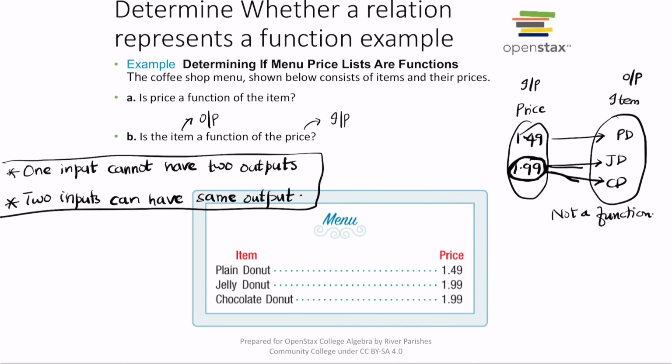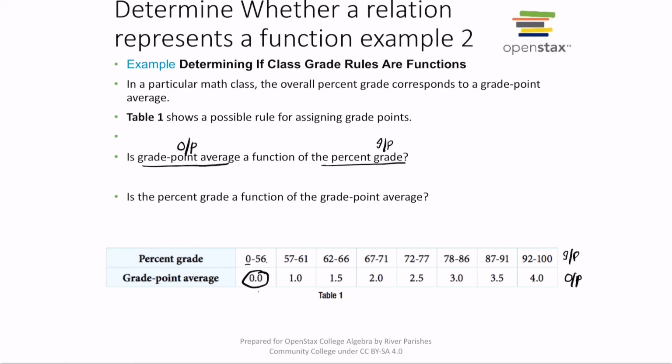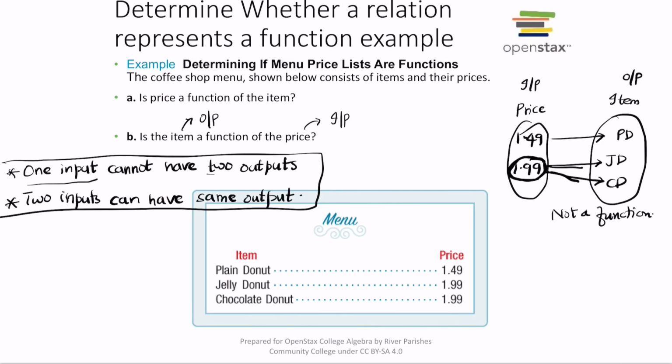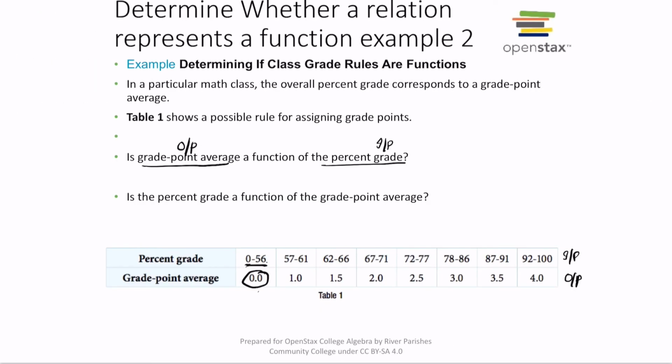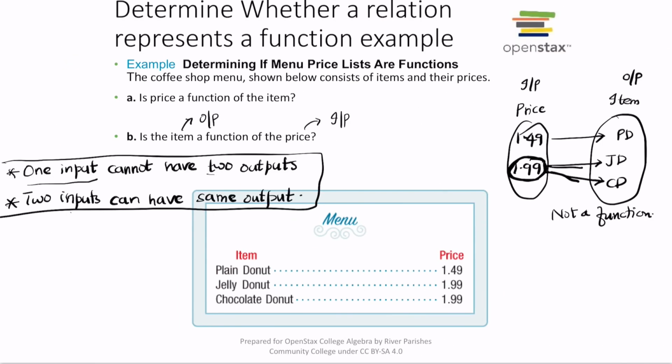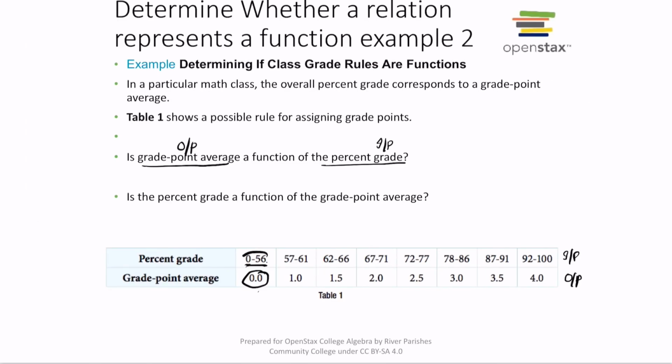Again, the simple point here: 0 to 56, all of them are pointing to the same value, which means that two or more inputs are pointing to one output. Remember the principle here, two or more inputs can have the same output, which means that all these can have the same output.